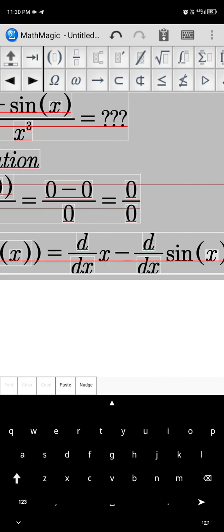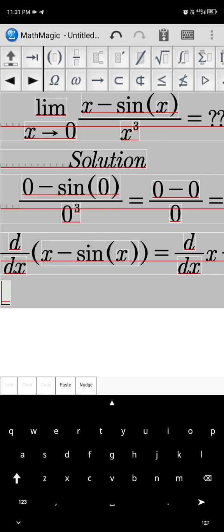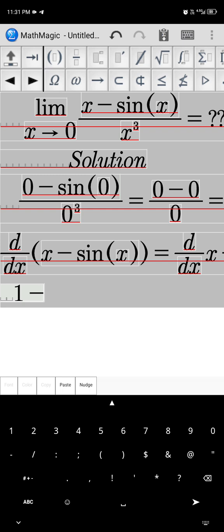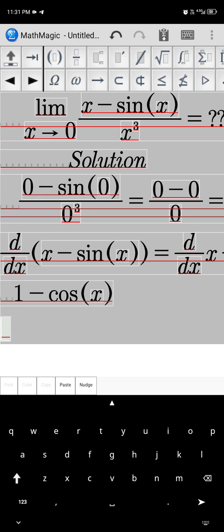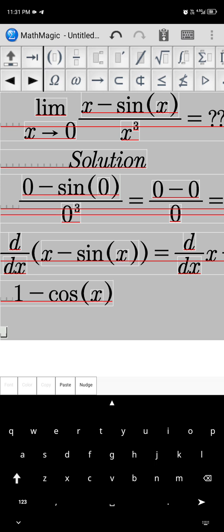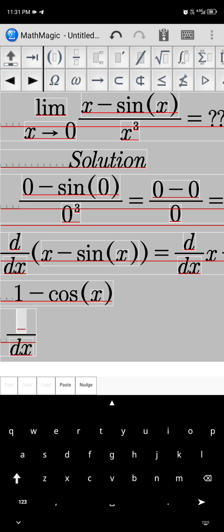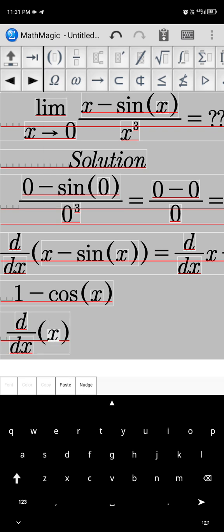If you differentiate x, it's just going to give us 1, minus, and if we differentiate sine x, that is going to give us cos x. That's 1 minus cos x. Then, differentiating the denominator, d/dx of x cubed is going to give us 3x squared.